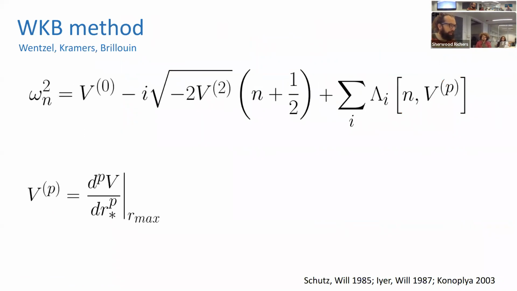And the answer is in the so-called WKB method. It was originally developed in quantum mechanics to compute energy levels, but it can also be applied to the computation of quasi-normal modes because the structure of the equation is the same. It relates the frequency to the values of the derivatives of the effective potential at the peak with respect to the tortoise radial coordinate.